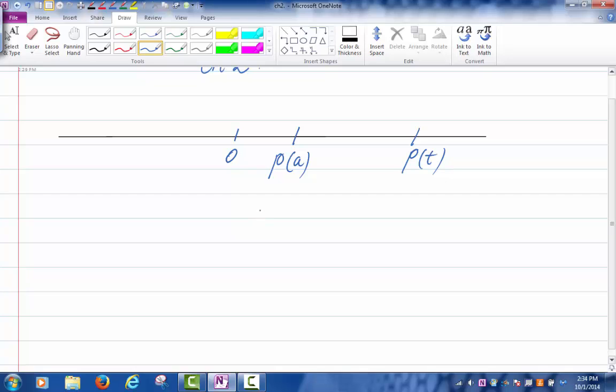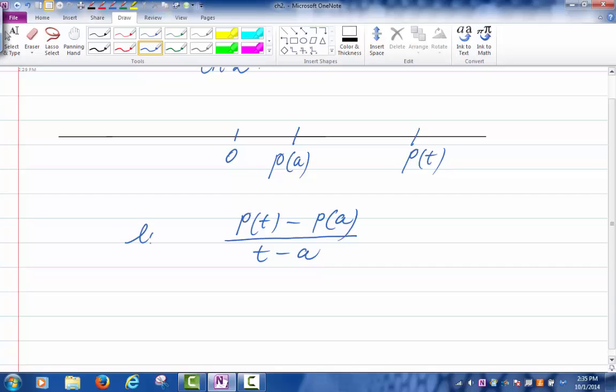Well, it's the net displacement, which is the change in position. So what's the change in position? P of t minus P of A, that's the change in position, which we call net displacement in physics. And then if I divide it by the length of time, which is what? T minus A, I get the average velocity, right?